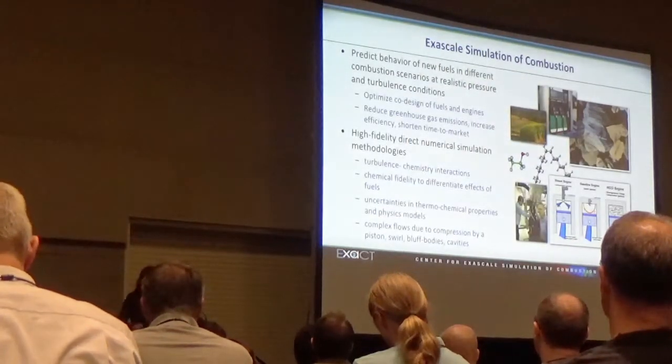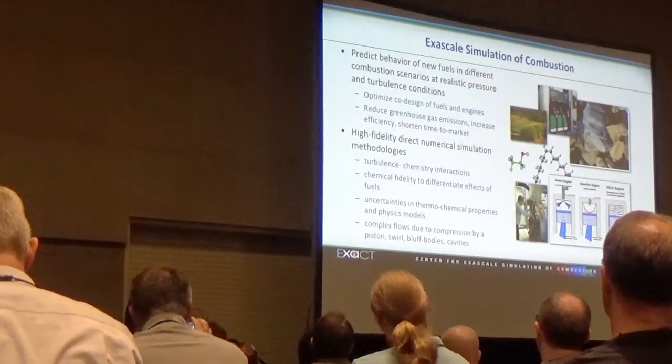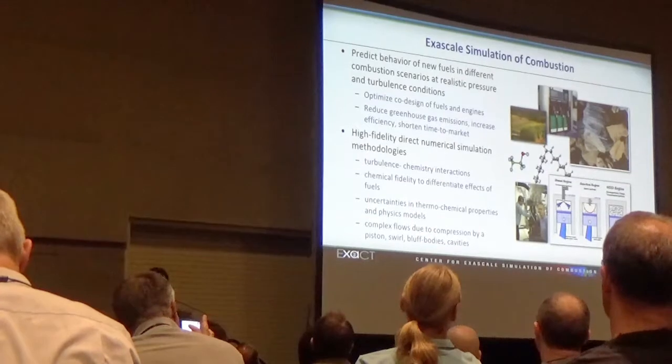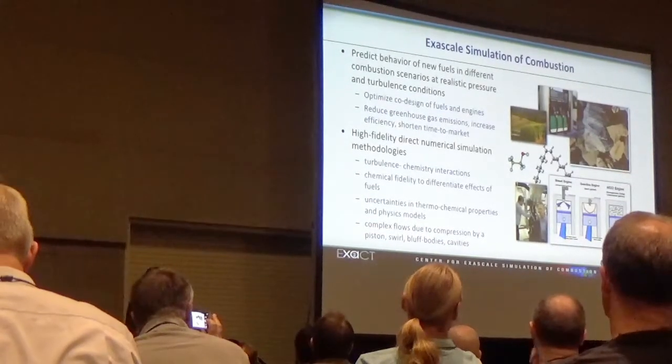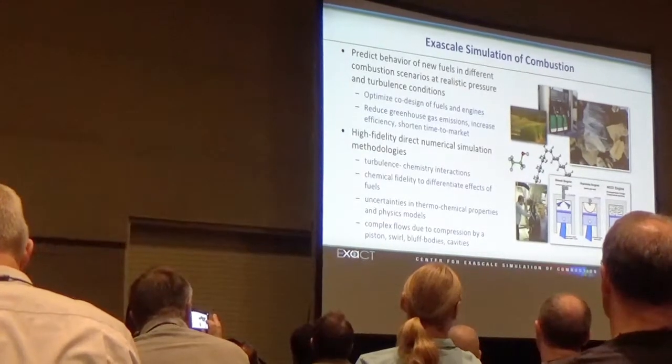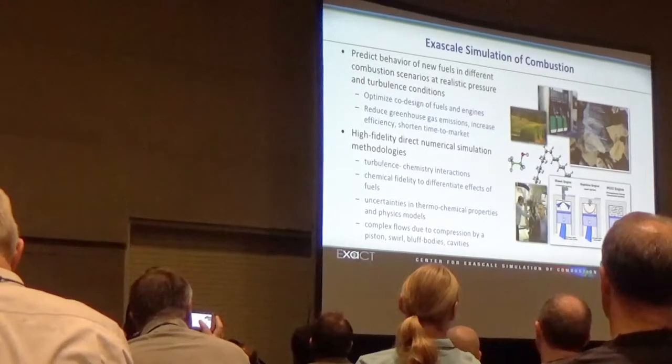The holy grail in combustion that requires these massive amounts of computing is to be able to predict how new fuels in different combustion environments perform at the relevant conditions, that is at high pressure typically and under very turbulent conditions.